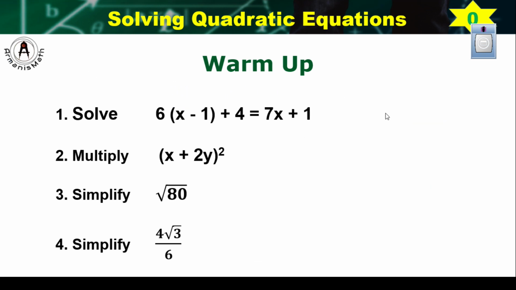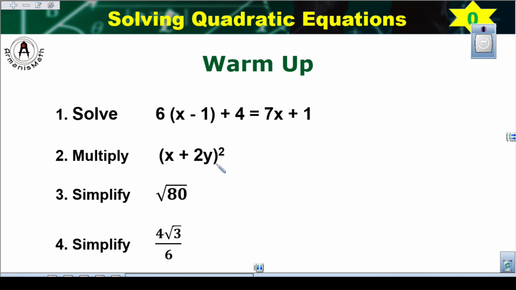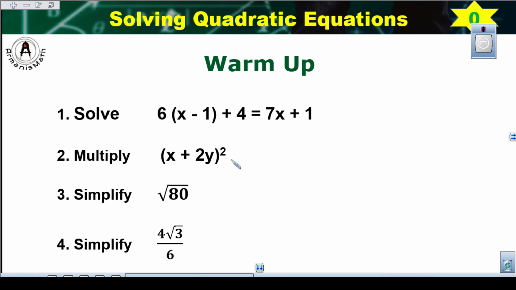All right. Number 2. We're asked to multiply here. So basically you have a binomial, 2 terms, times 2 terms. There's obviously a shortcut for this one, which we will be introducing later on, but for now that's the best way to do it.